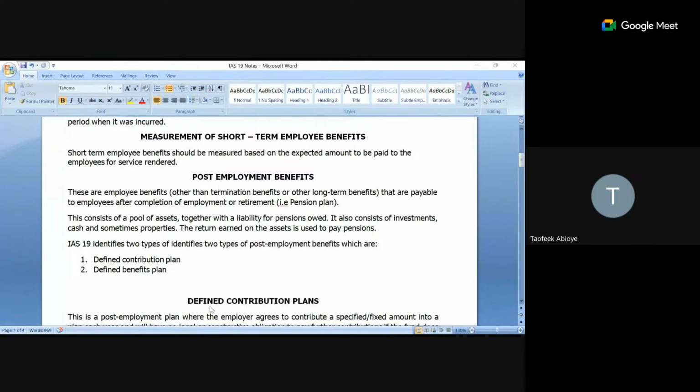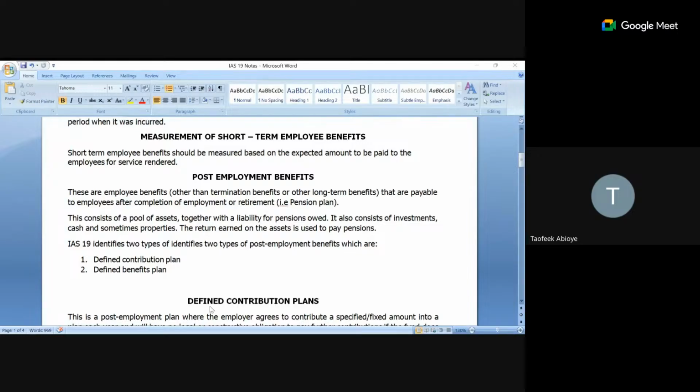So how are we going to plan for your benefits after 30 years? So that is why IAS 19 was introduced. How are we going to plan for it? Because we must keep that money aside so that after 30 years you are going to collect your retirement benefit.